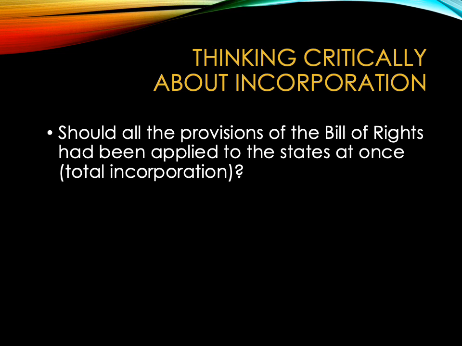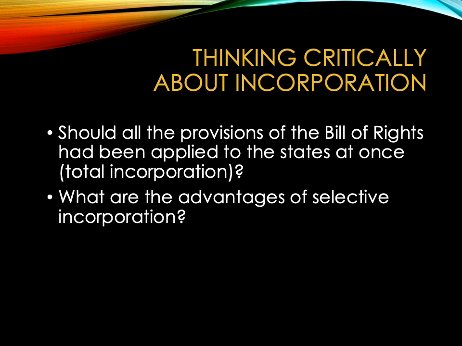That's not the way the courts did it. They decided to do it selectively, liberty by liberty, as individuals brought liberties to the court to say, hey, my state government shouldn't be allowed to do that.